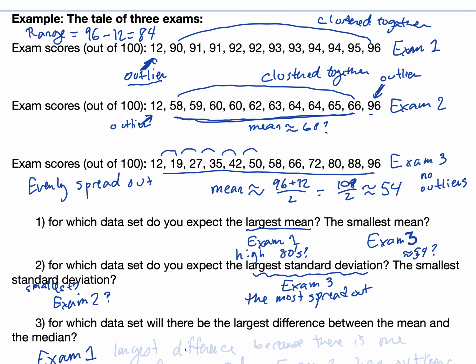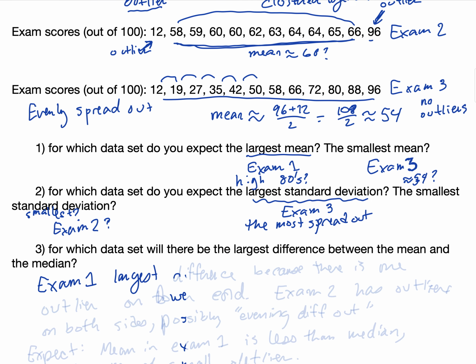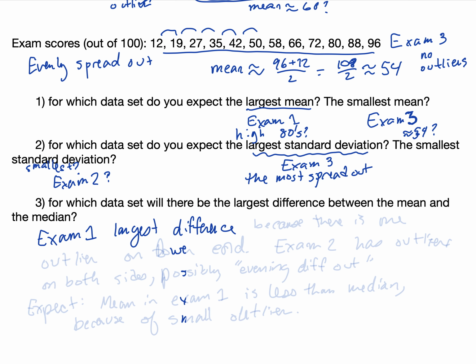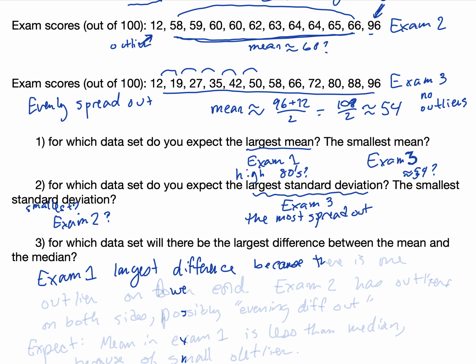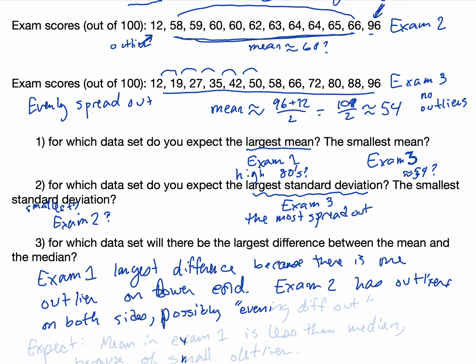Exam 1 might have the largest difference because there is one outlier on the lower end. Exam 2 has outliers on both sides, maybe evening the difference out.